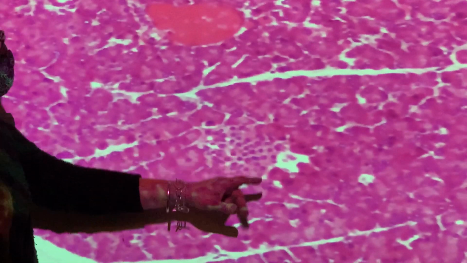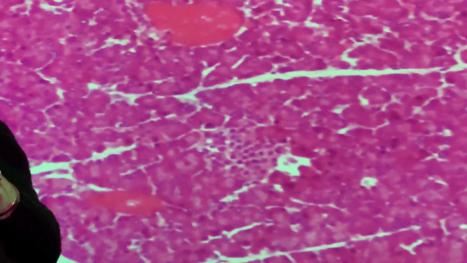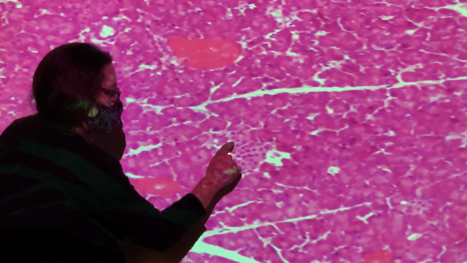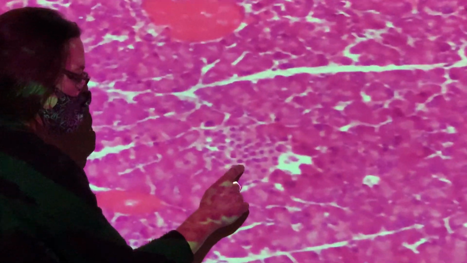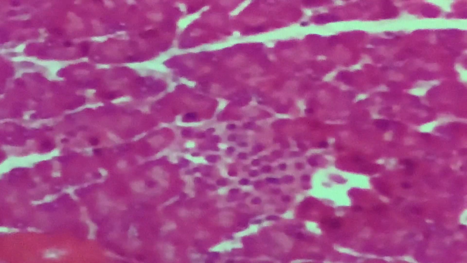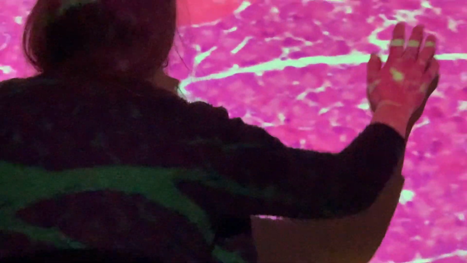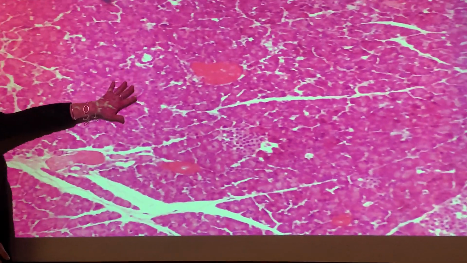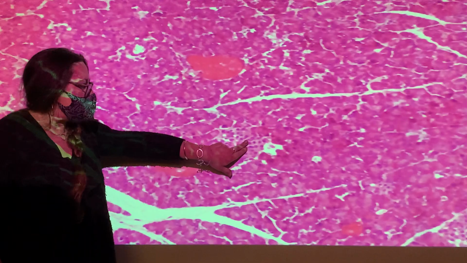The other thing about these guys is they tend to have more capillaries around them, and the white spaces in there would be the capillaries. And then all these other cells that are around here, these darker staining cells, these are all your acinar cells that are making digestive enzymes. So like that's an islet.